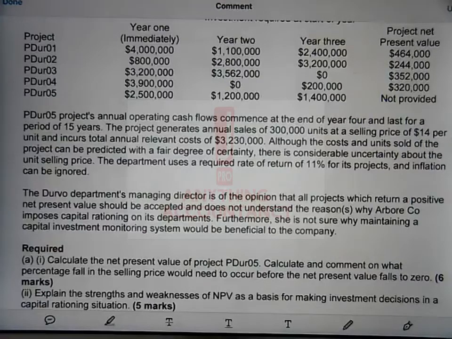NPV calculation. NPV calculation for part A.